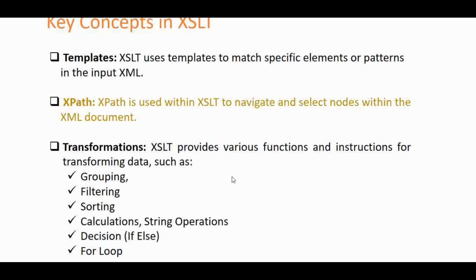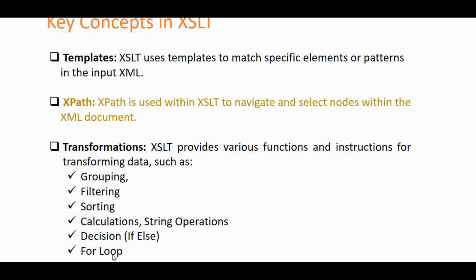And the transformations we are doing using this XSLT language are: you can group the source data, filter it, sort it, do some calculations, do some string operations, and also make some decisions. If the source data has this value, you will create one set of data structures in the output XML, and if the value is something else, you will have another structure in the output XML.